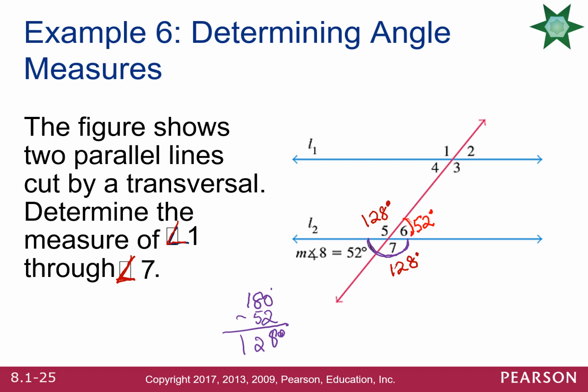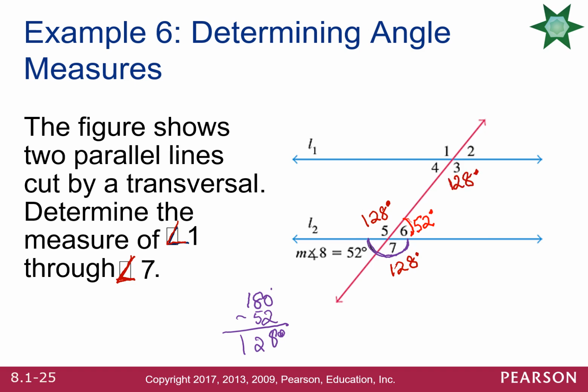Now let's look at the angles around line 1. We're going to use the relationship between alternate interior angles first. So which are the alternate interior angles? 3 and 5. So we know the value of 5, angle 5 is 128 degrees, and so 3 will also have the same value, 128 degrees, being alternate interior angles.